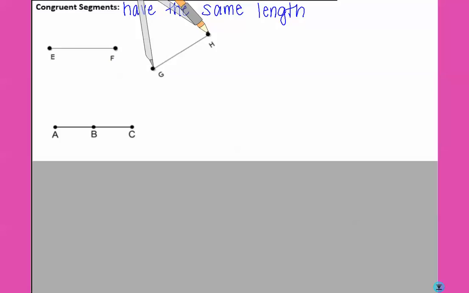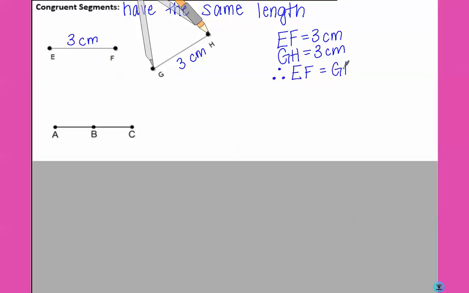So if EF is 3 centimeters, we now know, because the point and the pencil were the same distance away between E and F, as well as G and H, we know GH is also 3 centimeters. So if EF equals 3 centimeters and GH is 3 centimeters, therefore EF has to equal GH.